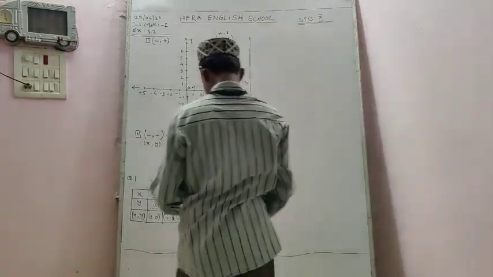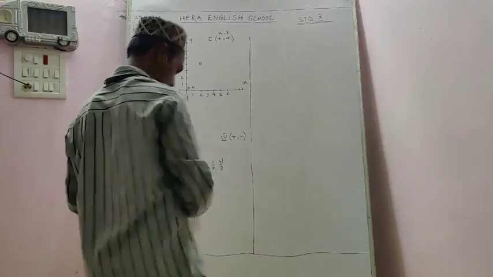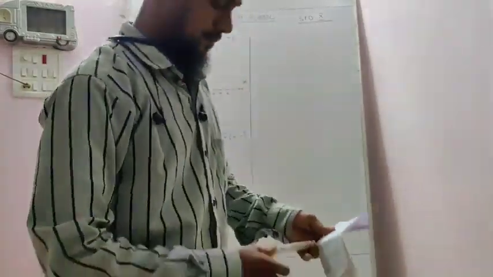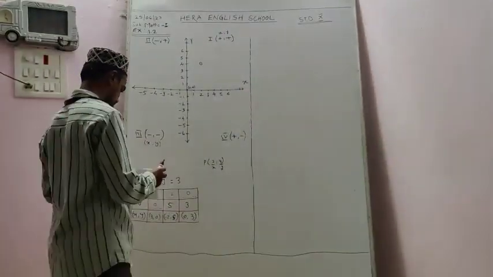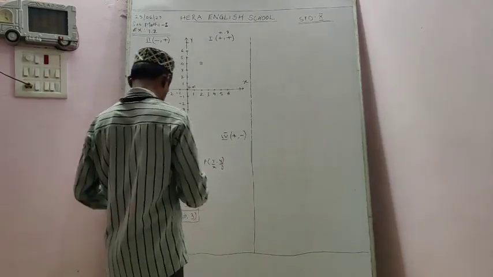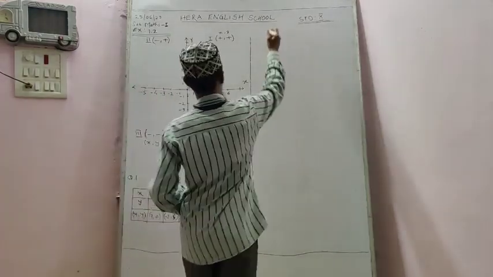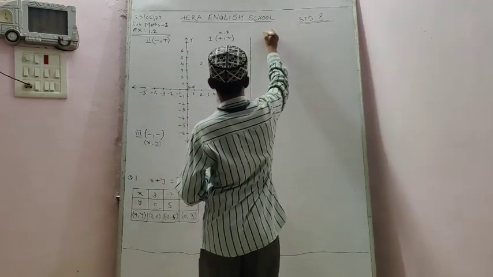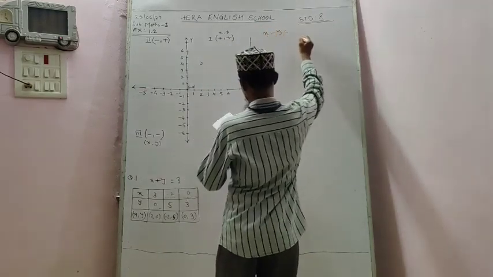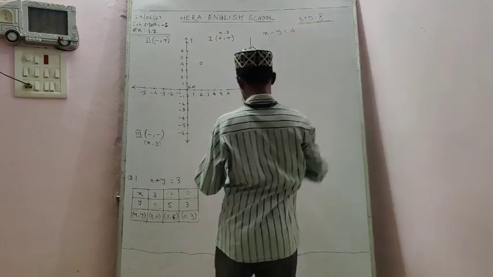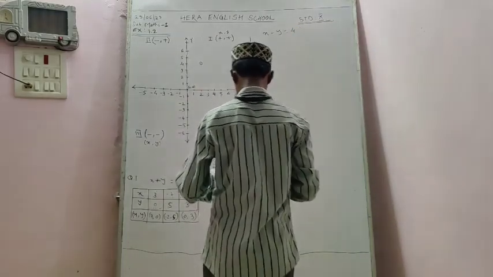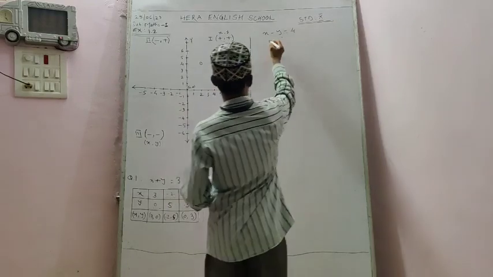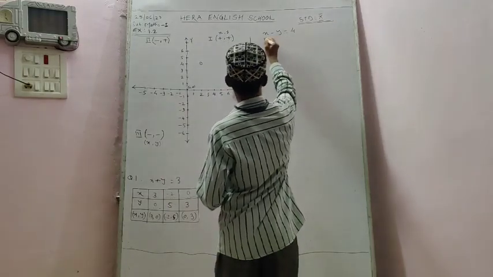The next equation we have is x minus y equal to 4. Here also we are given the table. The table is there.